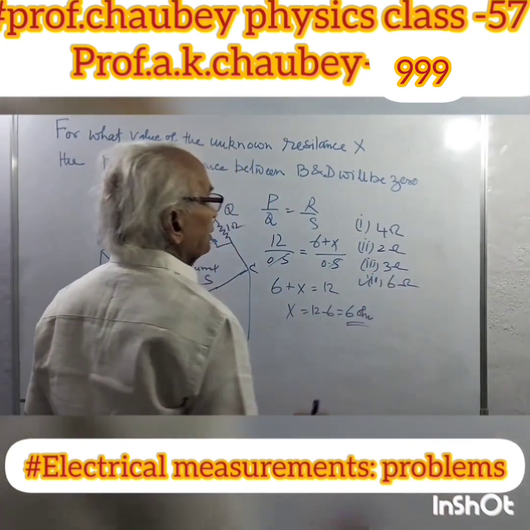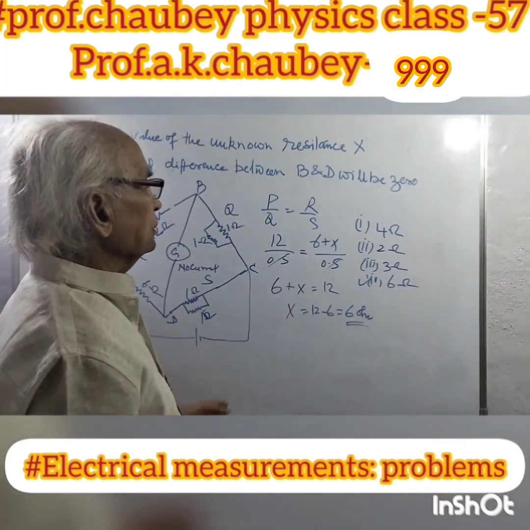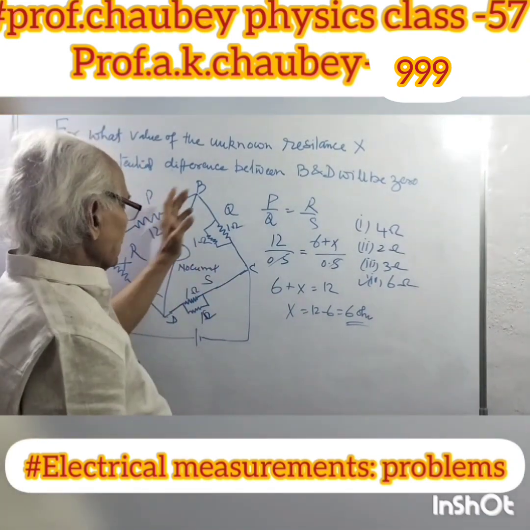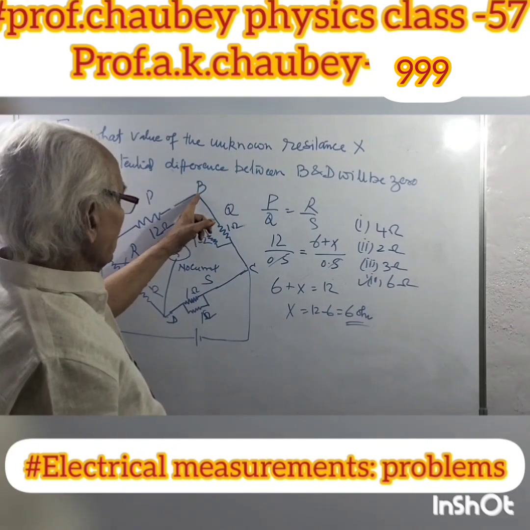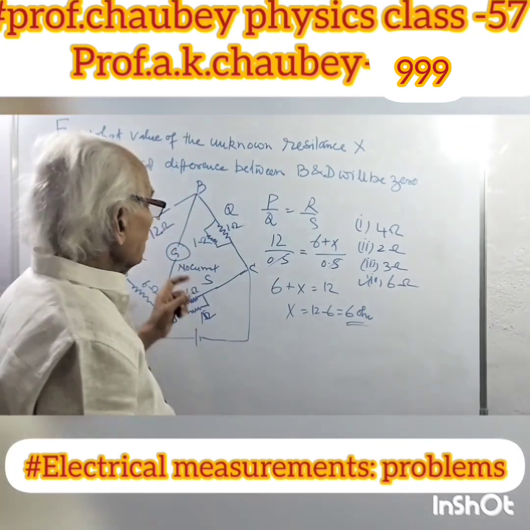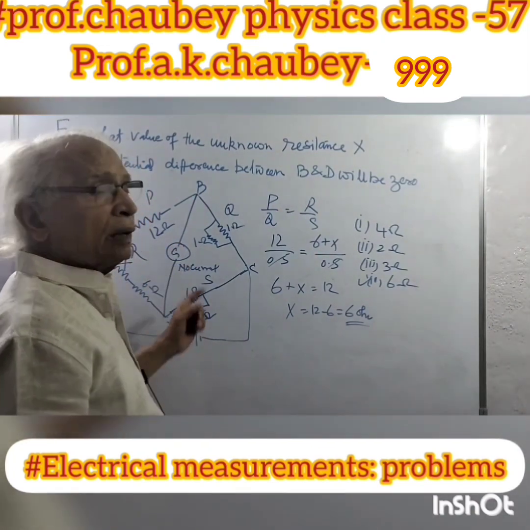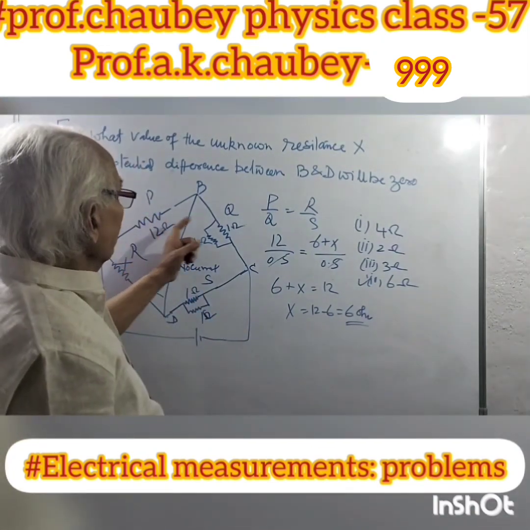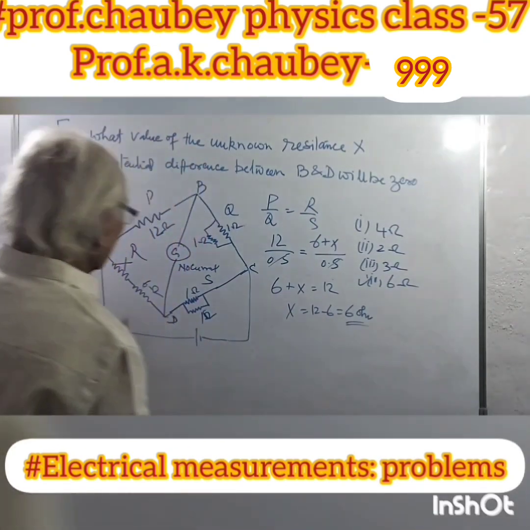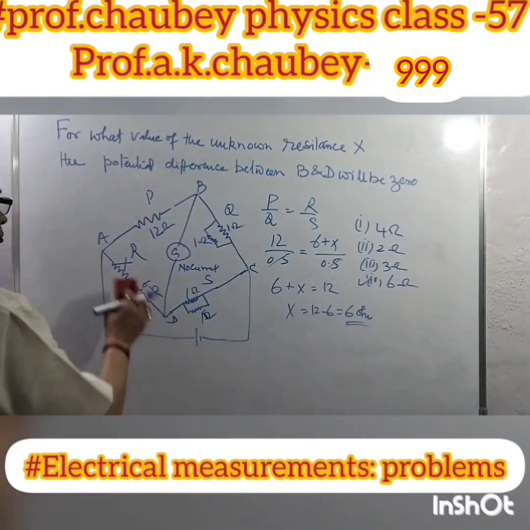The fourth option is correct. We just calculated using the Wheatstone bridge principle. When the bridge is balanced, meaning B and D are both at the same potential so the difference is 0, then no current flows through the galvanometer, and the ratio of these resistances must be equal. So we get X equal to 6 ohm.